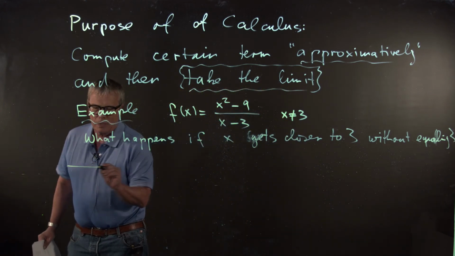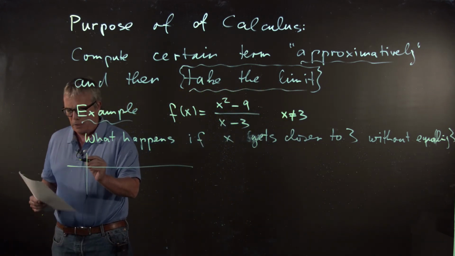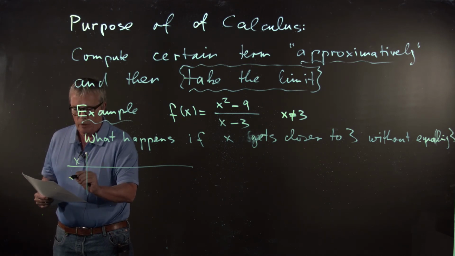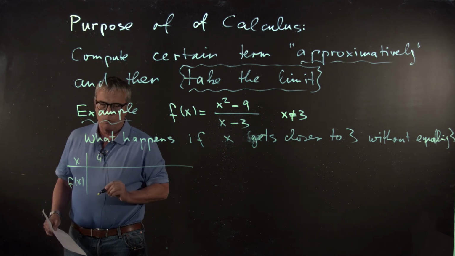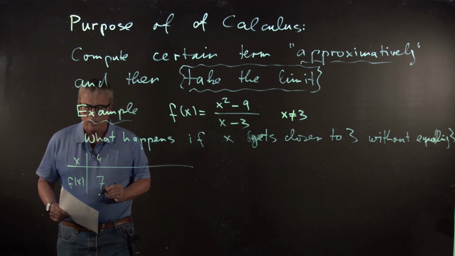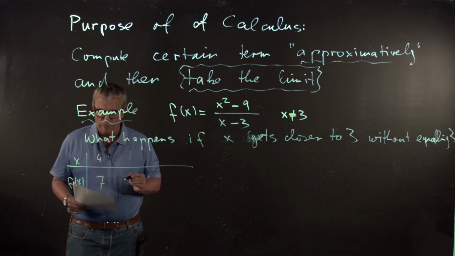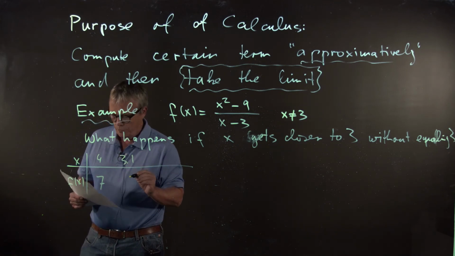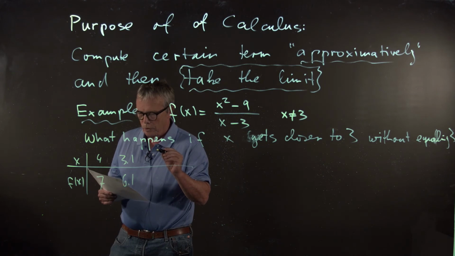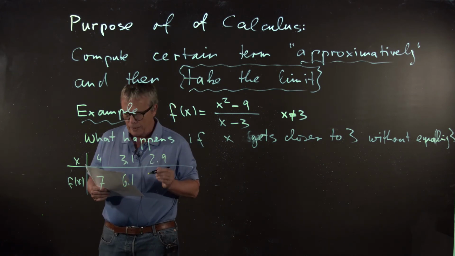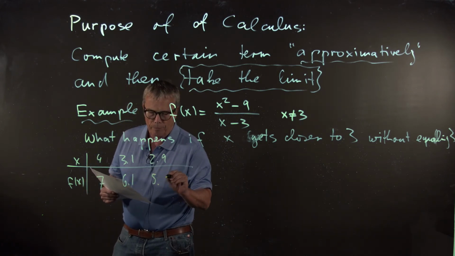Well, we can make a little table. We can compute this. Let's see. We put here the x value and compute the f of x value. So if you put, for example, x equals 7, we get f of x being 7. If we put 3.1, we get 6.1. If we put 2.9, so from the other side, we get 5.9.